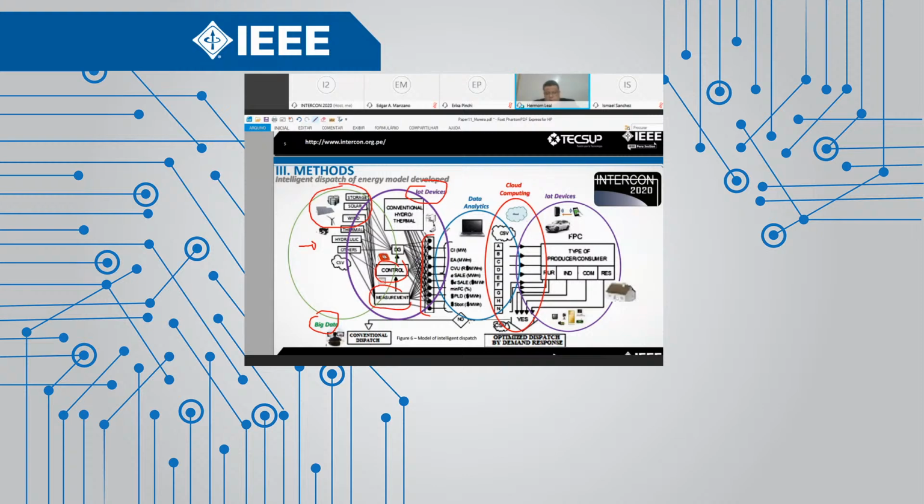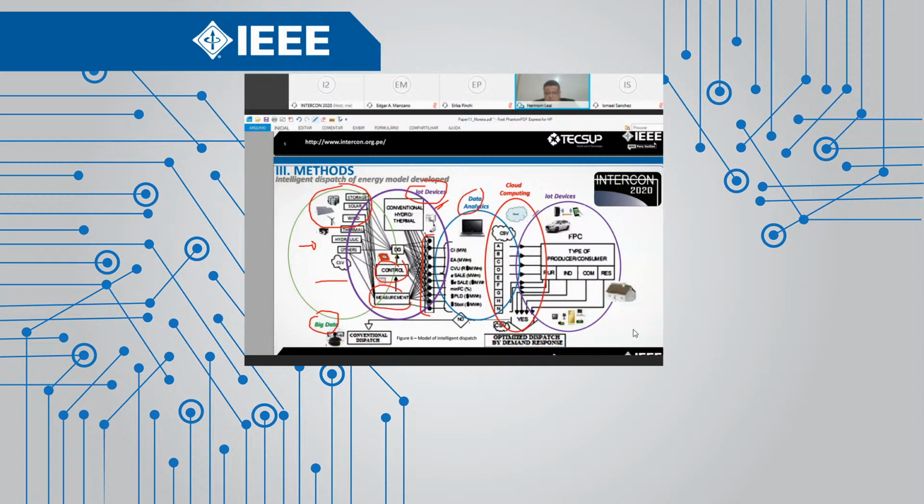For example, if you have a power plant or a site with this type of renewable energy installation, we can control the production of energy, and with data analytics, we can use this data to choose the best place or the best time to dispatch this energy.